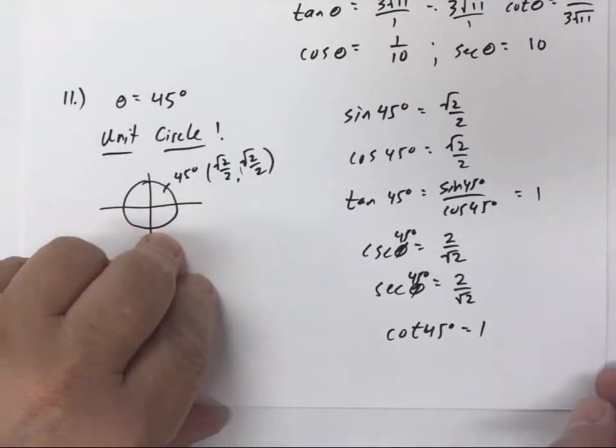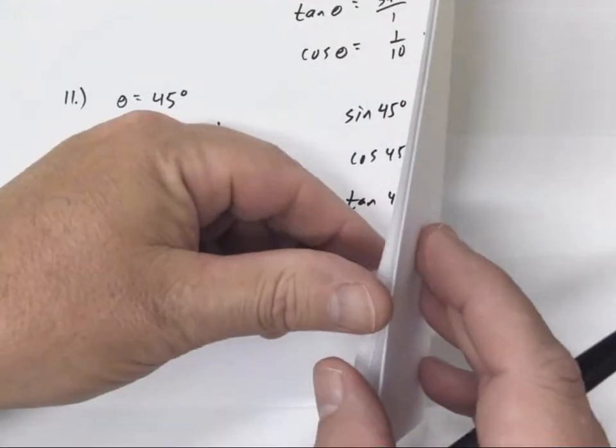Number 12 is another example of where, for me, knowing the unit circle makes the problem very simple. Now once again, in number 11 it said exact value. Number 12 says exact value.